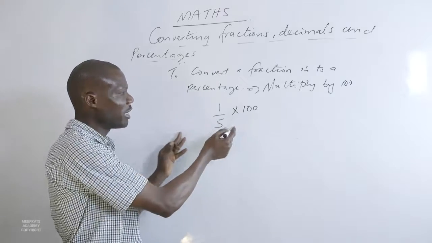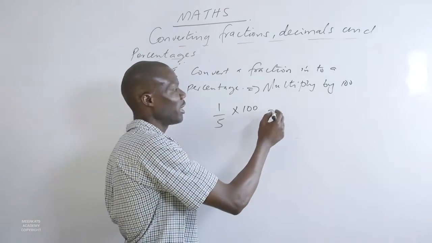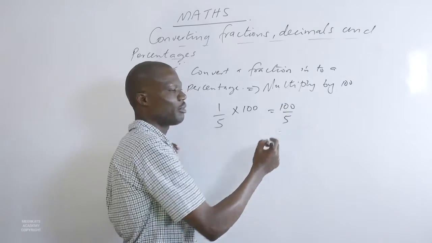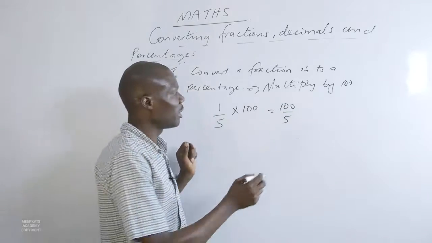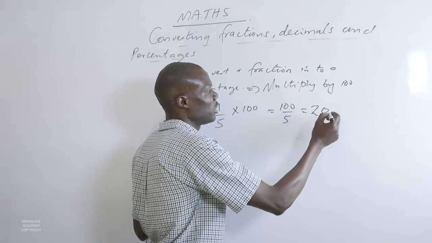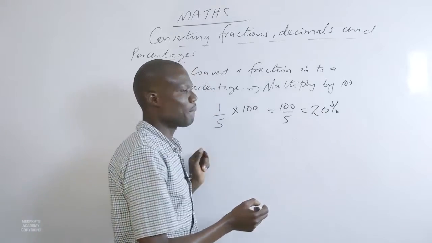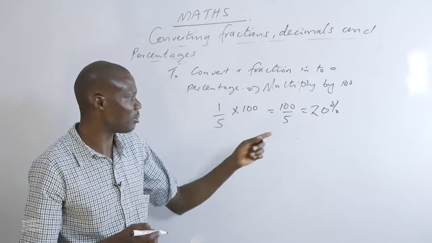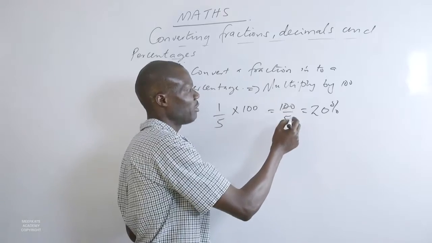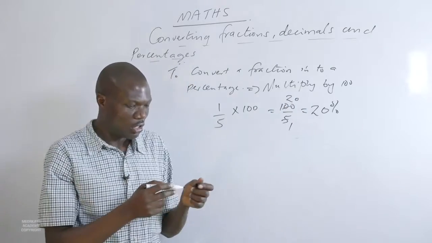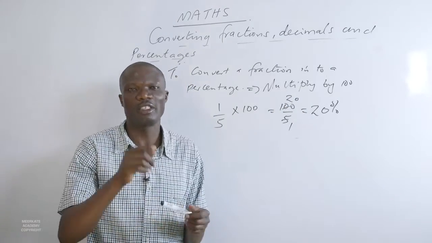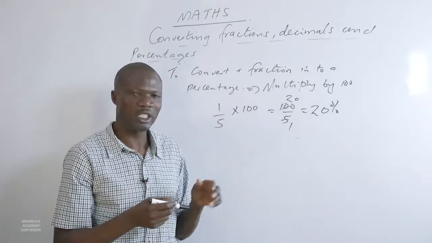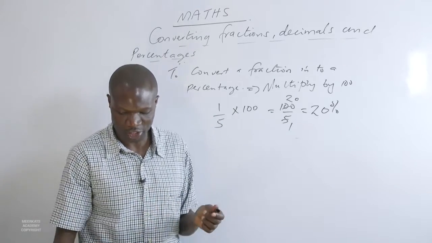You can simplify in this manner, or you move ahead and say 100 over 5. 100 over 5 is equivalent to 20%. That is, 5 into 5 is 1, 5 into 100 is 20. So a fifth is the same as 20%. What other fraction? Let's try another one.